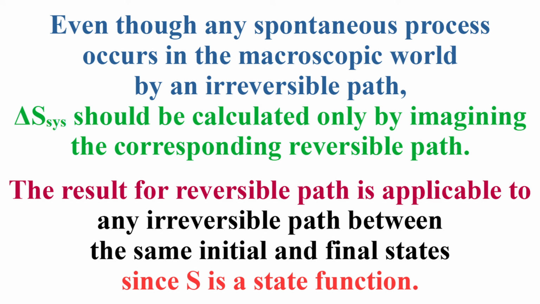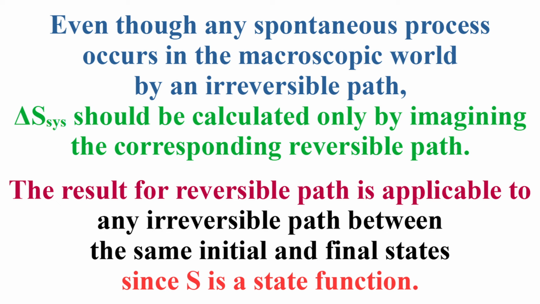Even though in the macroscopic world spontaneous processes take place by an irreversible path, delta S system should always be calculated only by imagining a reversible path between the same initial and final states.